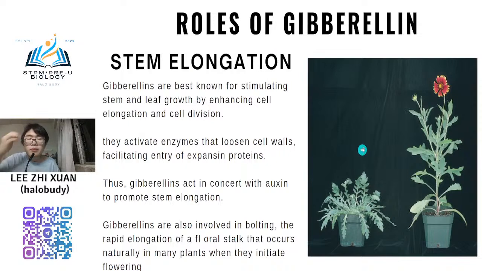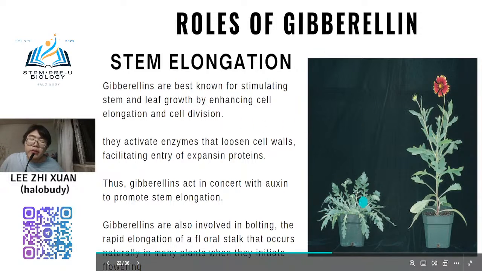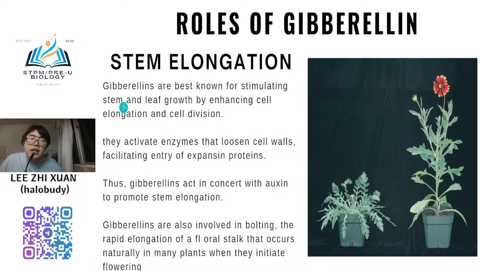One of the major functions of gibberellin is stem elongation. So you see this diagram. This one is no gibberellin. This one we use gibberellin. They are best known for stimulating stem and leaf growth by enhancing cell elongation and cell division. So it will activate the enzyme that loosens the cell wall and facilitates entry of expansive protein.